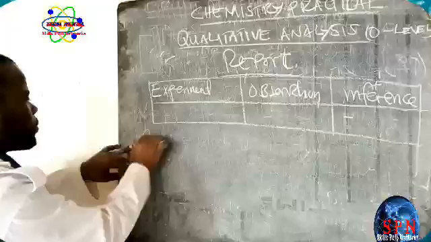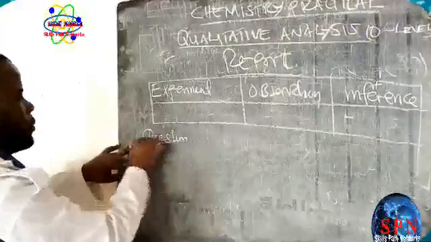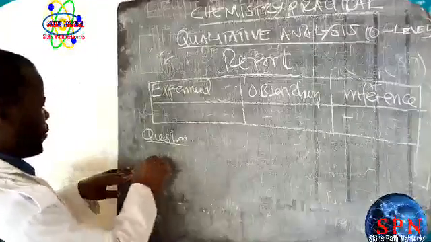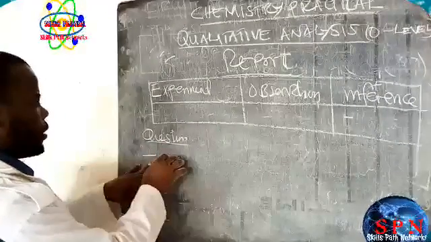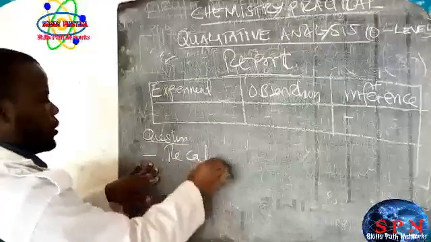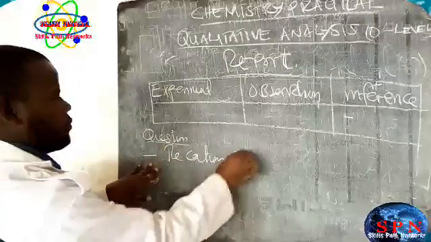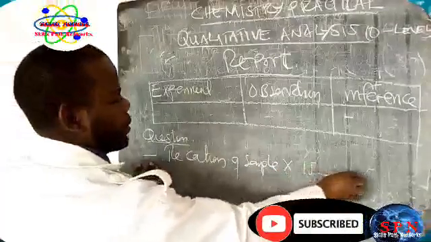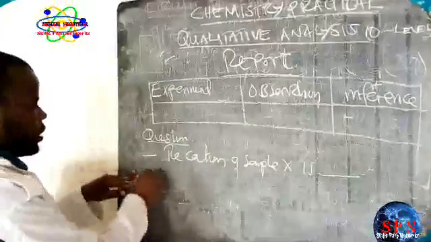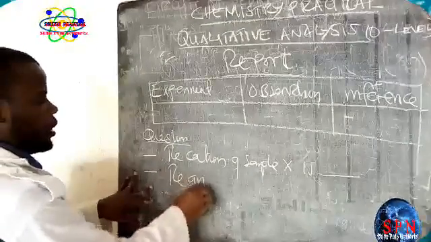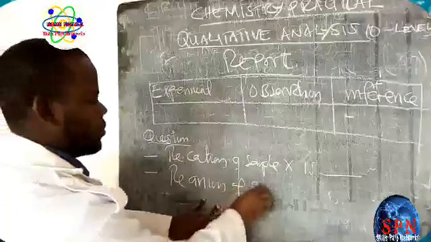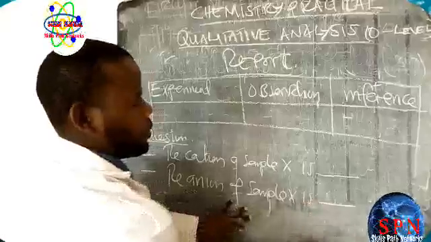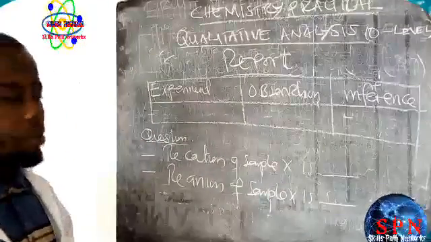But at the end, there are questions. They can ask questions like: the anion of sample X is, and you write according to your confirmation.